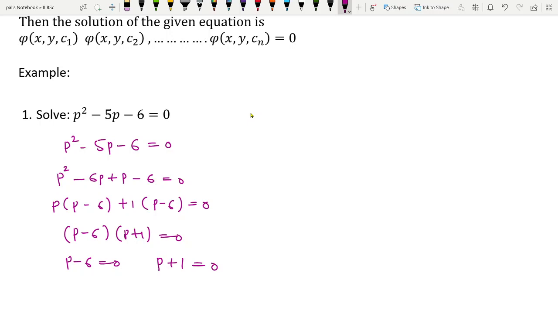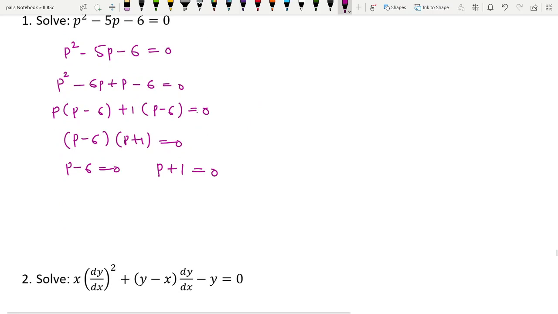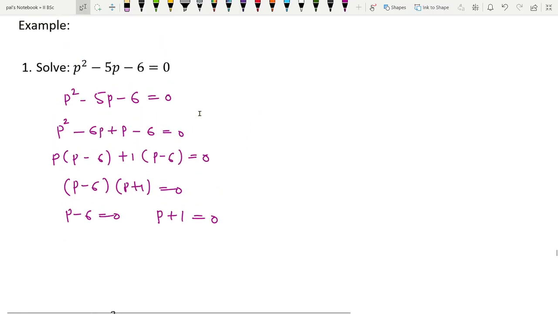As all of you know, p means dy by dx. So if you write p as dy by dx, then dy by dx minus 6 is equal to 0. So that is dy is equal to 6 dx.